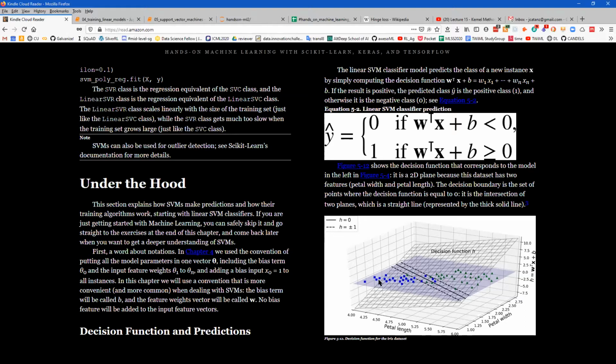So he plots all the points, and then on the vertical axis he plots the decision function, W transpose X plus B. And then the decision line is the place where the decision function intersects this plane.